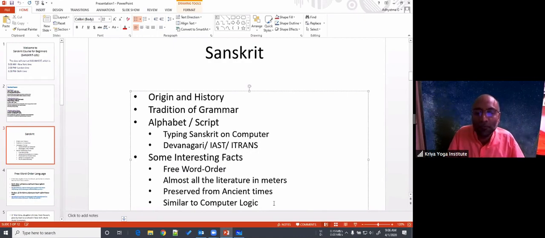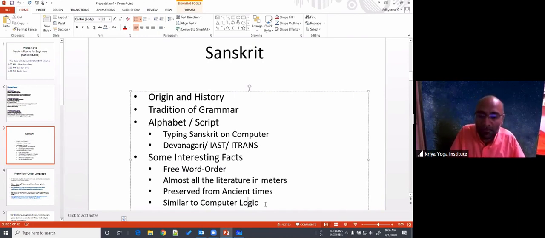The only reason we know that those grammars existed is that Panini himself refers to those grammarians as a way of acknowledgement. He mentions 10 grammarians and their systems of grammar. But as of today, primarily the Panini system is what exists and is followed by everybody who studies Sanskrit, and we would be following the same system.